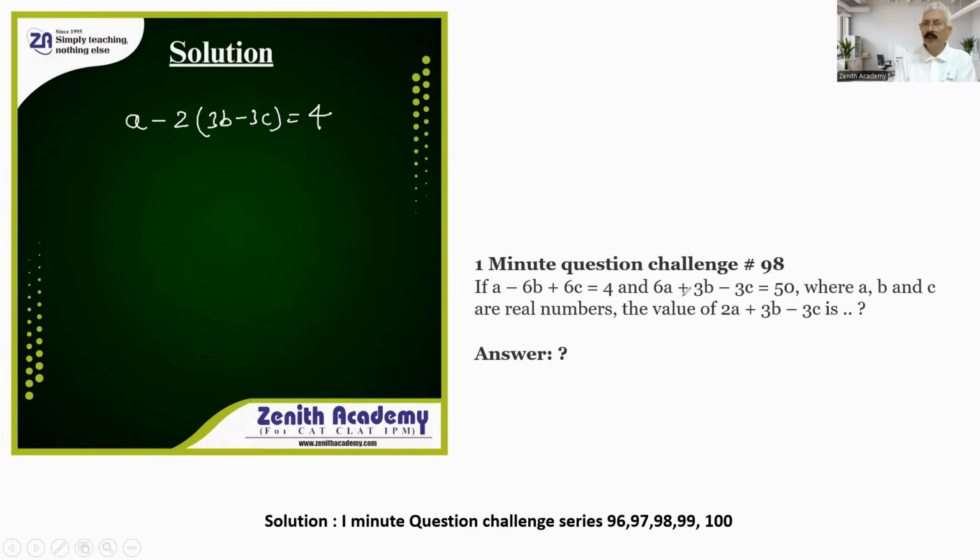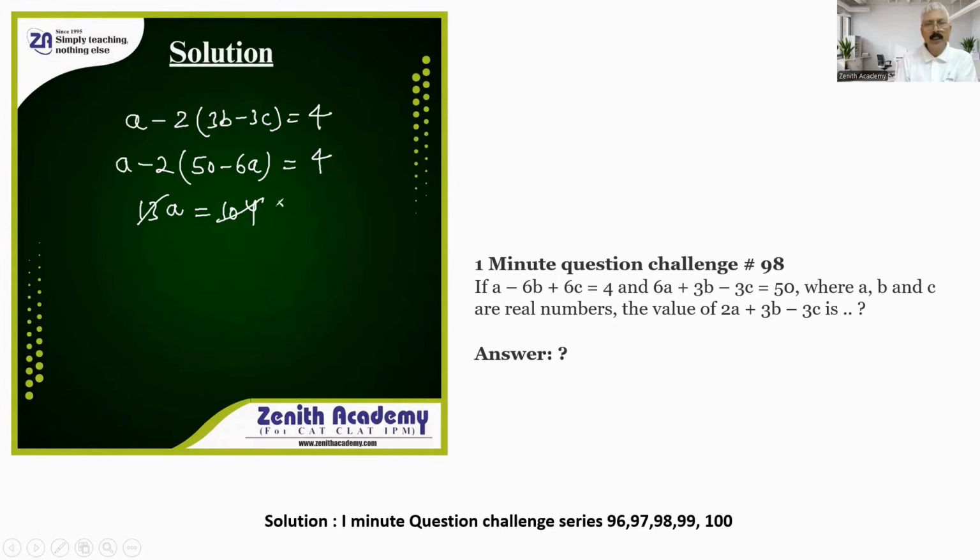And from this equation, 6a plus 3b minus 3c equal to 50, we can write 3b minus 3c equals 50 minus 6a. So it is a minus 2 times (50 minus 6a), which gives 13a minus 100. On the right hand side, 100 plus 4 is 104.